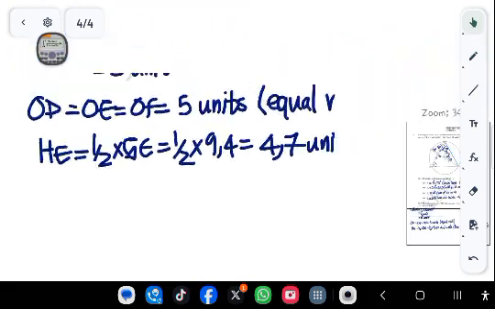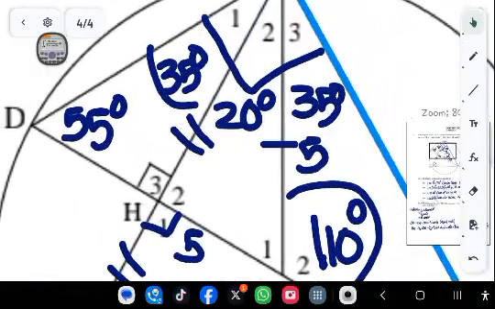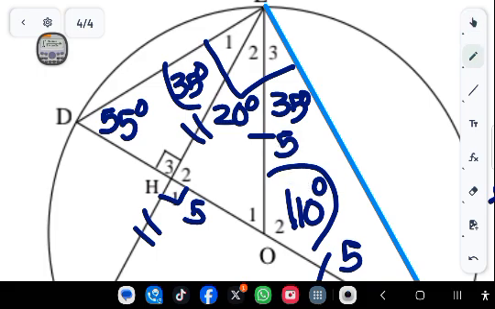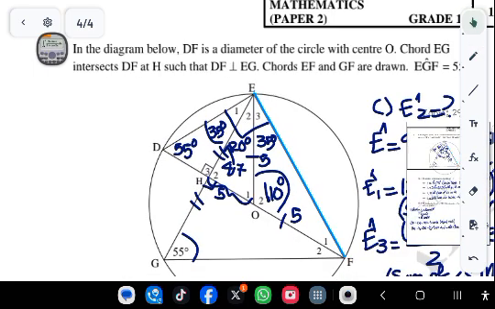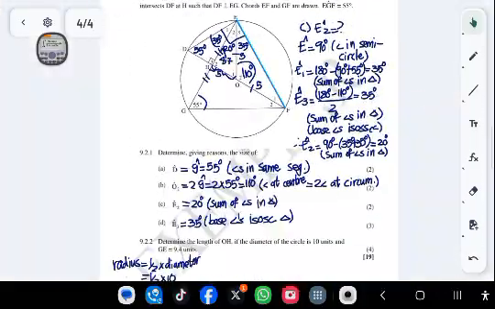Alright, therefore now we've got 4,7 units. So this is 5 units, and then we've got 4,7 units. Oh, sorry, we're looking for HO. This is a right angle triangle, so it will be easy to find HO.